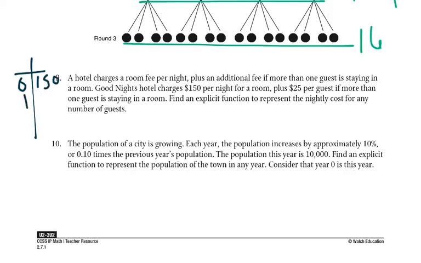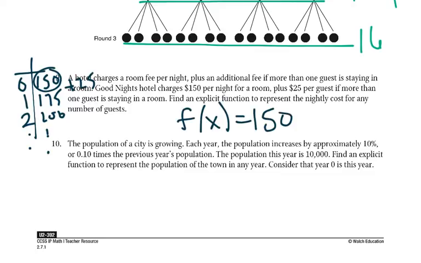But then as you add one more person, we're going to add 25 to that, aren't we? 175. If we add 2, 200, and so on. So starting is 150. So f of x equals 150. And what are we doing to that? We're adding 25 multiple times.